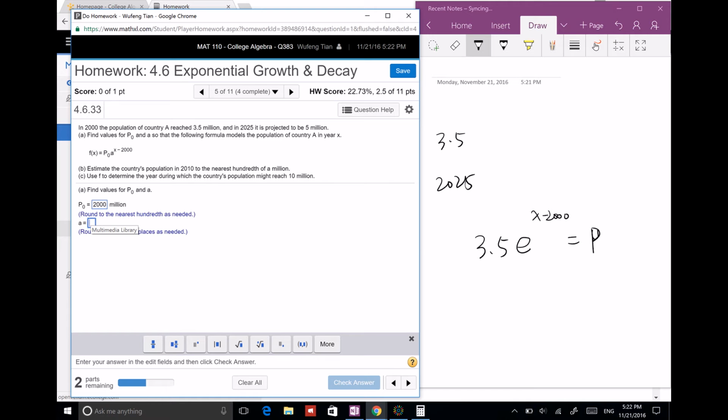Find the value of p0 so that the formula models the population of country A in years. Estimate the country's population in 2010.